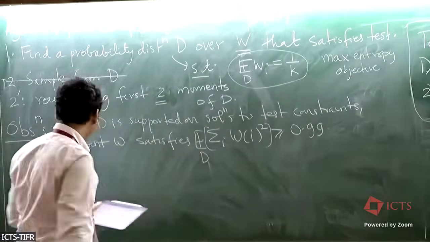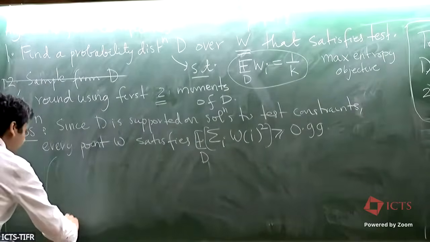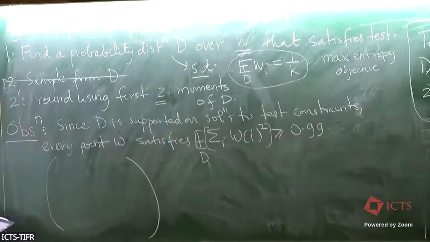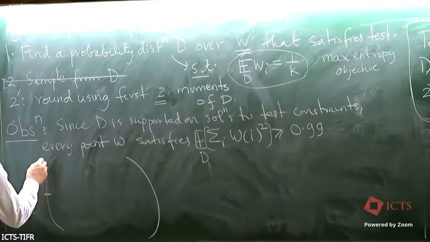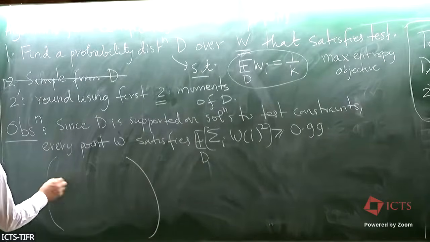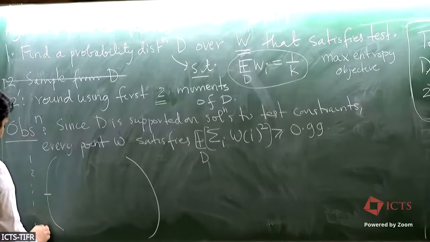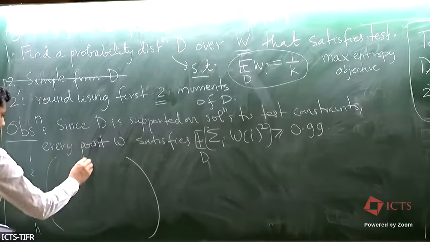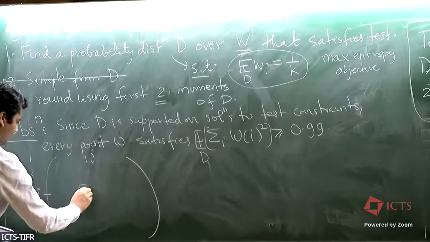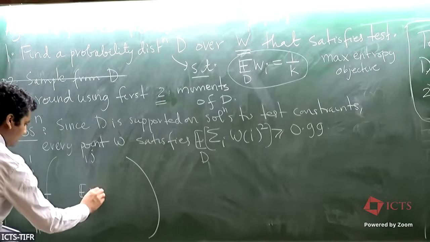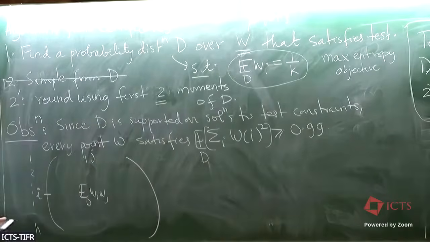So let's draw this, because this has a nice picture meaning. Okay? Let's look at the matrix where there is one row and one column for every one of the sample points. So it's 1, 2 up to n, and the ij-th entry is simply the expectation under D of Wi times Wj.